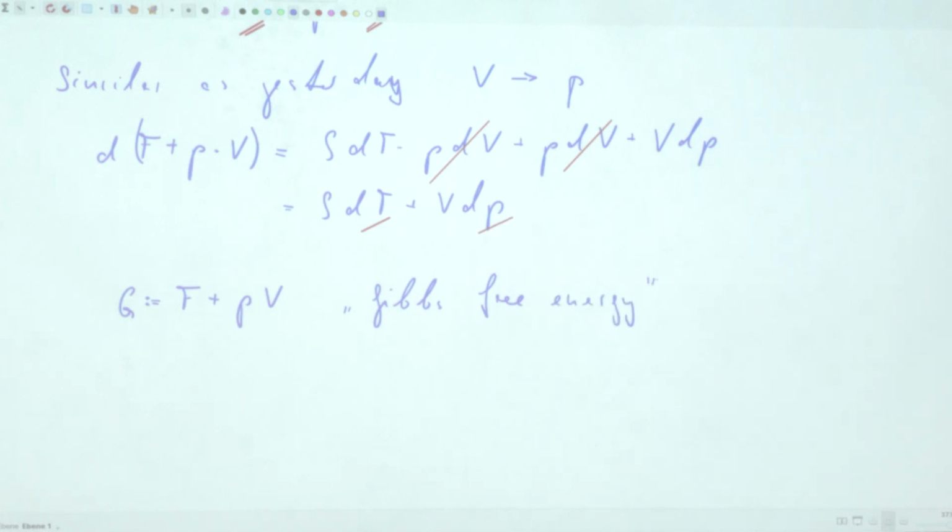Or in analogy to before, where we called it enthalpy, this corresponding quantity is also often called free enthalpy.